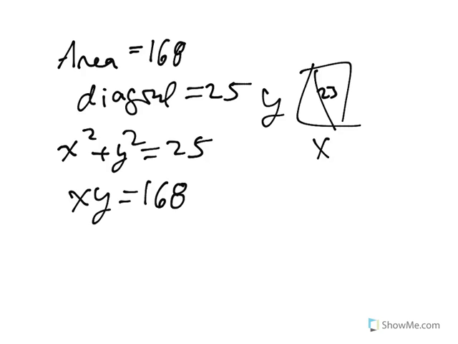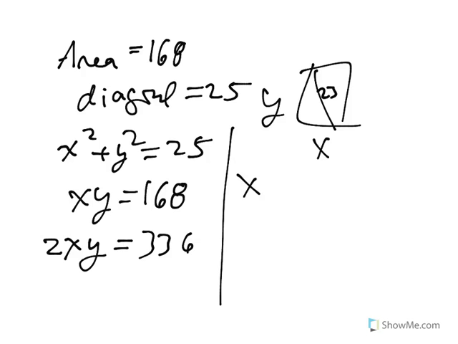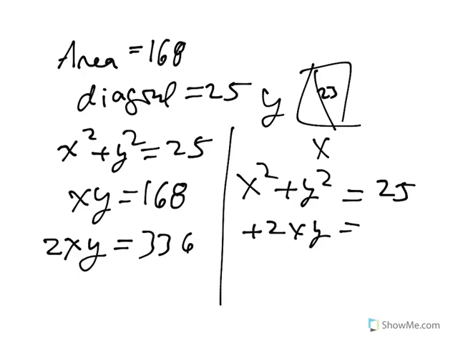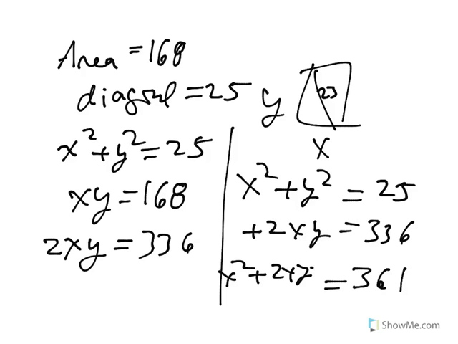If I multiply xy times 2, I get 168 times 2 is 336. If I take x squared plus y squared, which is 625, and I add on 2xy equals 336, I get 961 is x squared plus 2xy plus y squared.